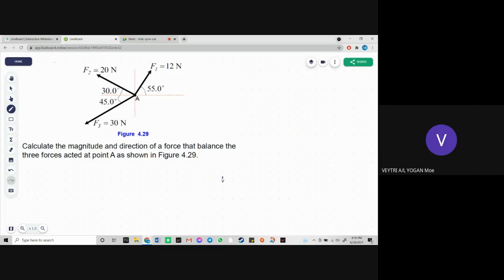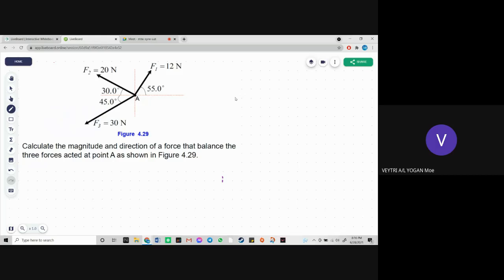Okay, let's have a look at this question. For this question, the diagram is given. Okay, the diagram has been given. So you guys know what to do very well. This diagram is drawn. I think you guys are quite clear with the free body diagram, right?